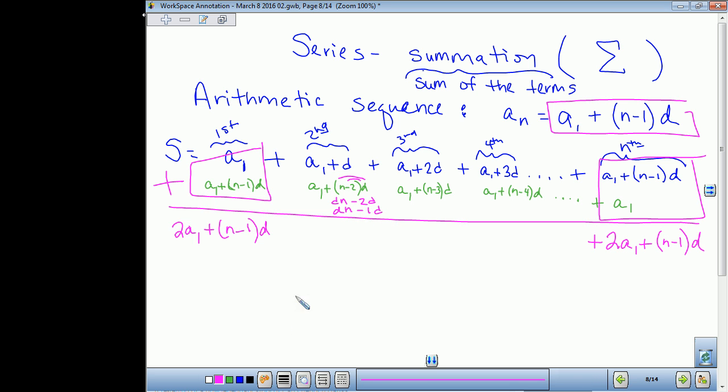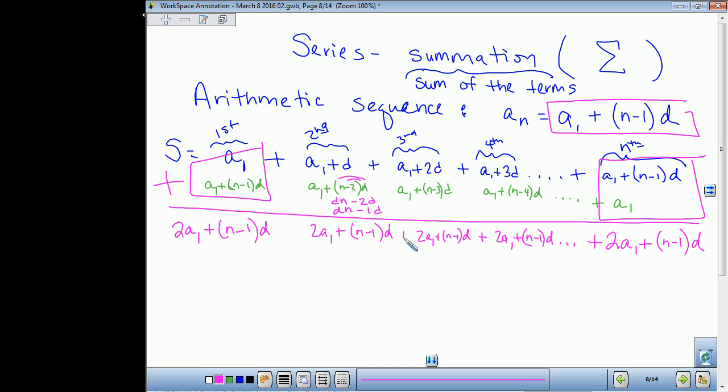And then if I factor the d back out, do you see it leaves me n minus 1 times d? Guess what's going to happen every time? I'm going to get 2a sub 1 plus n minus 1 times d.